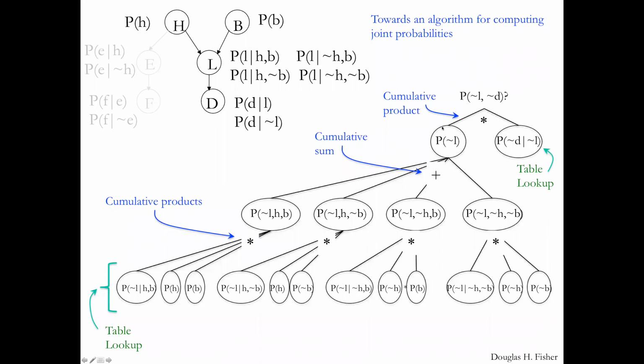And so you can imagine doing a depth-first traversal of a tree. So I take that, I expand it to that, I take that, I expand it to that, I take that, I expand it to that. Doing table lookups, getting these values, and then using a cumulative product to compute that value. And then up this level, using a cumulative sum to compute over these levels, and then multiplying nodes at this level.